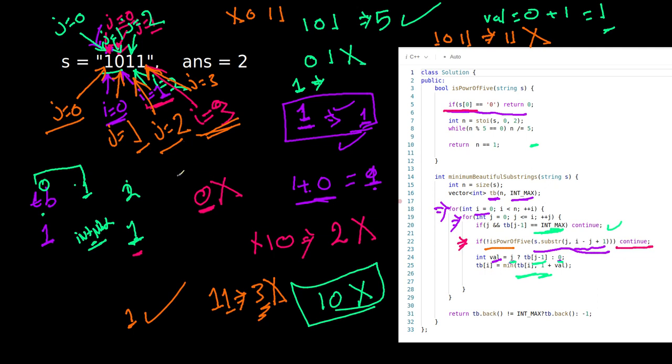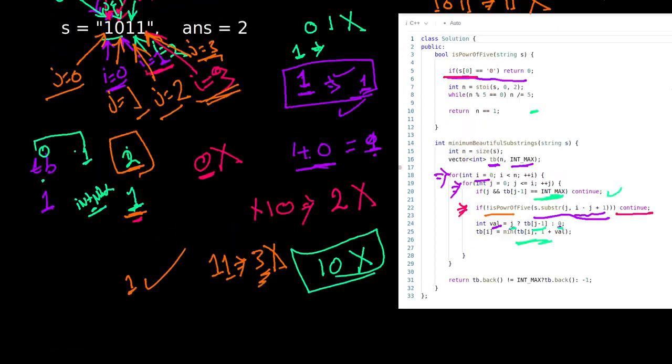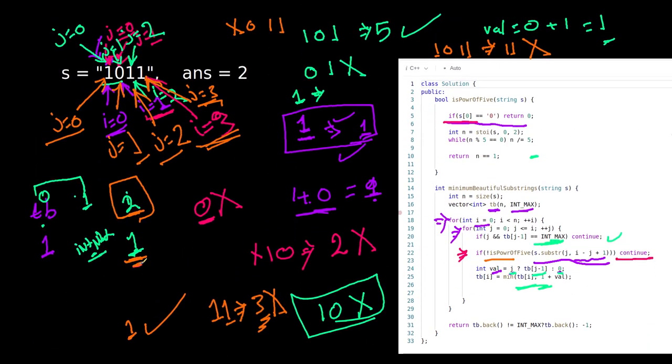Now what is the answer at j minus 1? We said j equal 3, j minus 1 is 2. The answer was 1, and this is the minimum number of beautiful substrings we can divide until this index. So if we take 1 0 1, this is the answer, and we take advantage of this answer. So we have 1, which is a beautiful substring, plus this new one, equal 2.